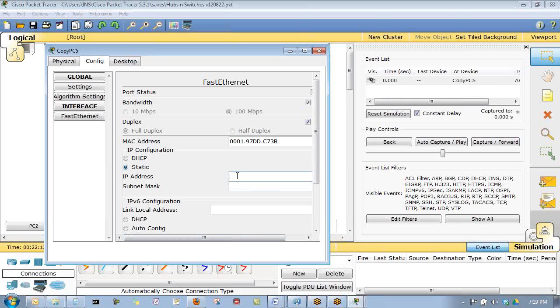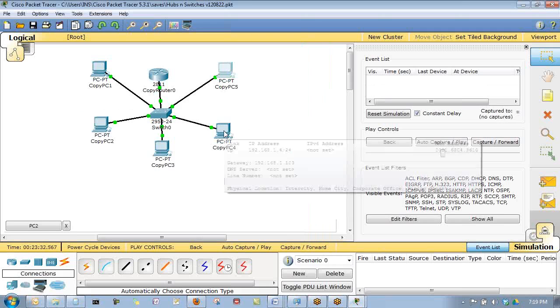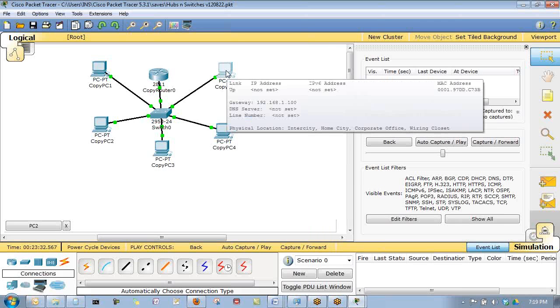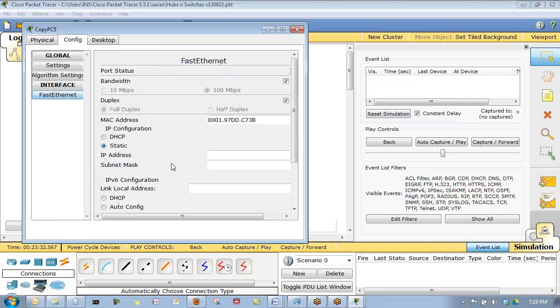Why do they keep doing that? You already used 1.5, I think. Okay, that's 1.4. And that says it's not set. So try it again.